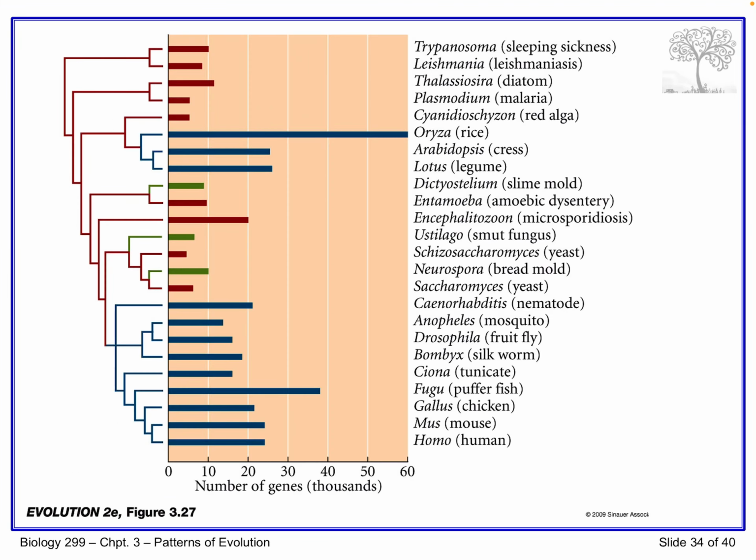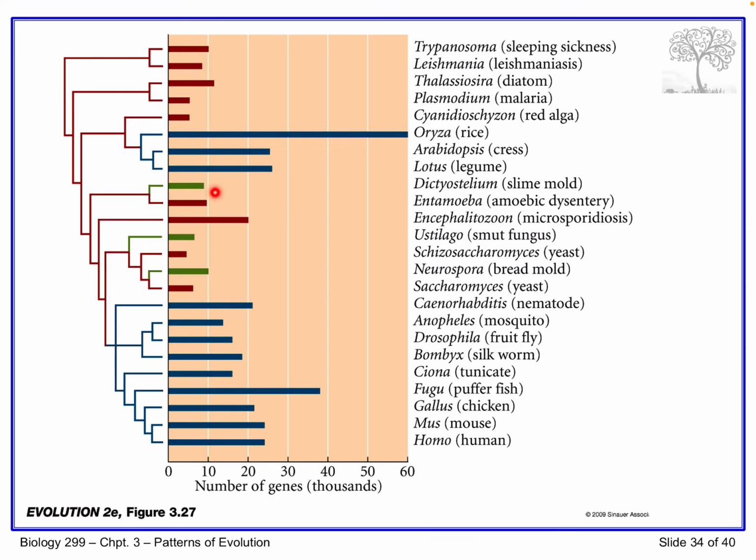If we look at this figure here, we can sort of see this. We have number of genes along the x-axis in the thousands, and let me tell you what the colors of the bars are referring to. The red are the single-celled organisms. These are all eukaryotes.